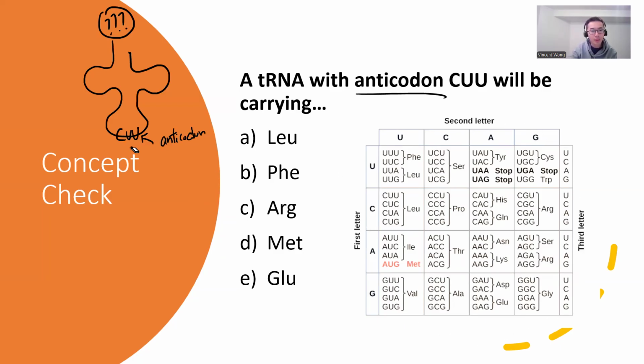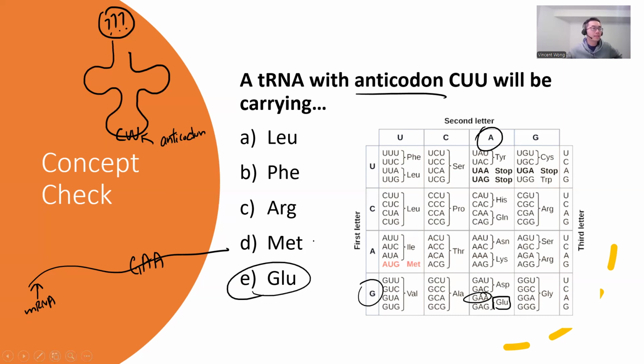So you have to think about it like this: if this is on the mRNA, what is this going to bind to? What's the codon that corresponds to CUU? Corresponding to CUU is going to be GAA. So this is the codon that we need to look up. GAA is GLU. So the correct answer is E.